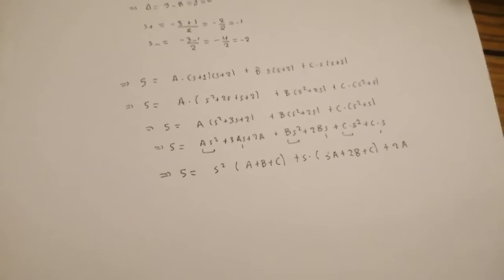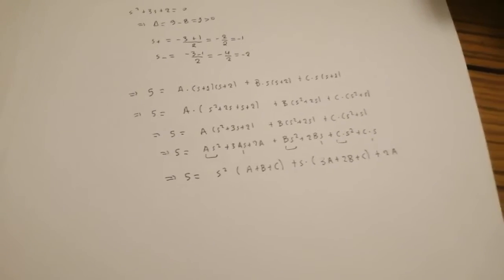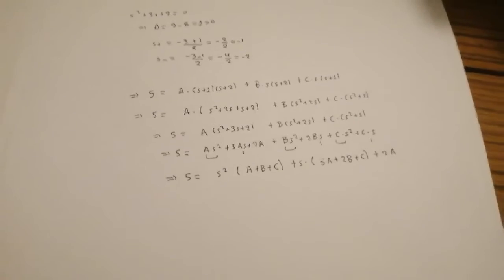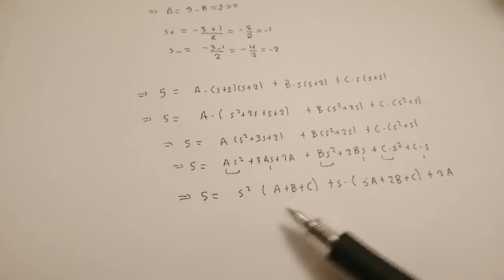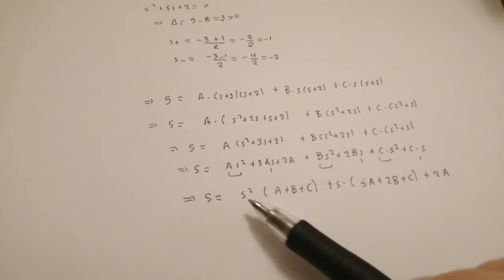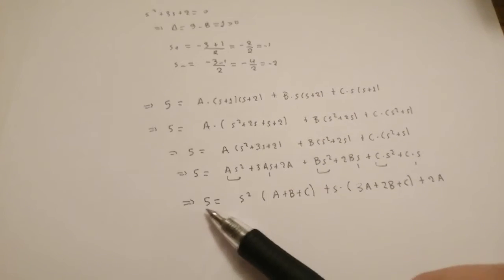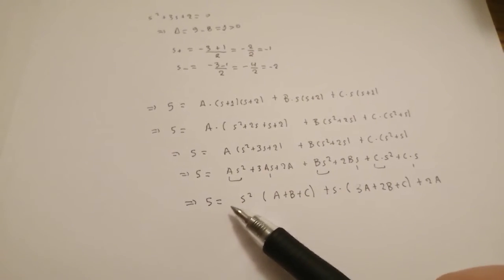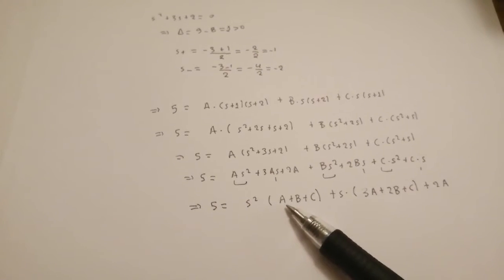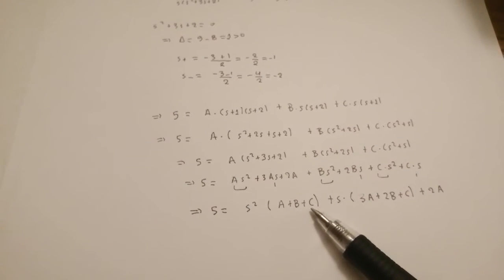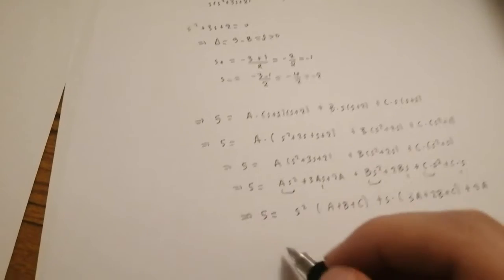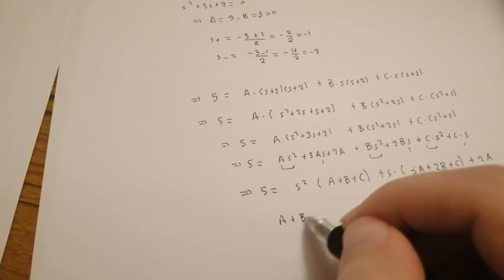So from here I have to compute these constants A, B and C. What I see is that on the right hand side I have the s squared, but on the left hand side I don't have any s squared. So A plus B plus C is equal to 0.